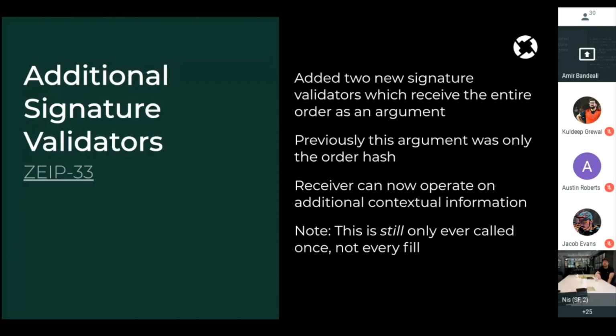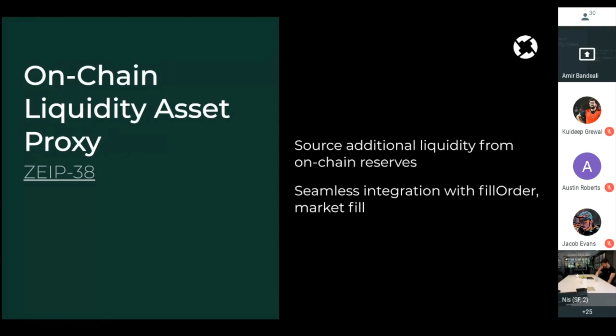But it probably makes sense that we add a signature type for EIP 1271 as well. So that's closer to the old signature type we had, but instead of taking in a hash and a signature, it takes in a data byte array and a signature. So what we could do there is just ABI encode the order and then pass it into that data field. And that would be a nice way to standardize things.